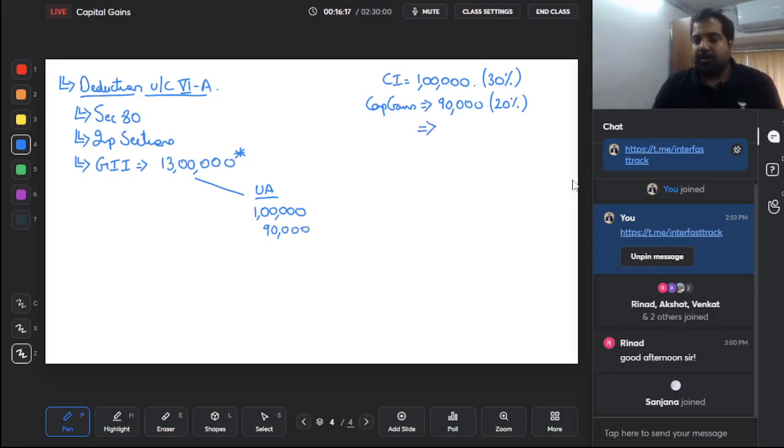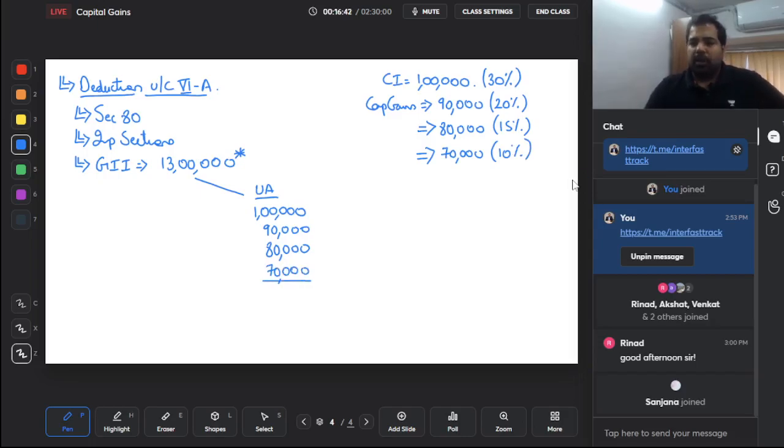Next, you also have some listed equity where 80,000 rupees is going to be taxed at 15%. That also is unavailable. And let's say you have 70,000 of long-term capital gain. These 4 incomes, if you want to know the section, this is section 112 and this is section 111A and 112A.